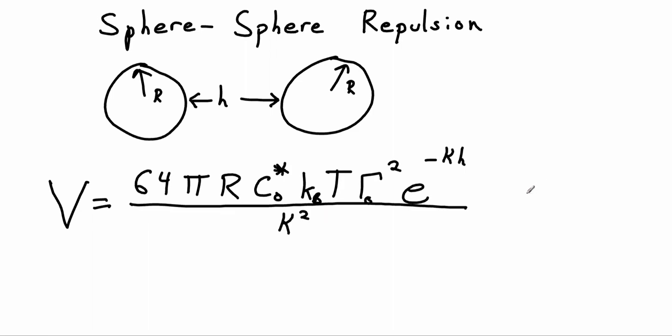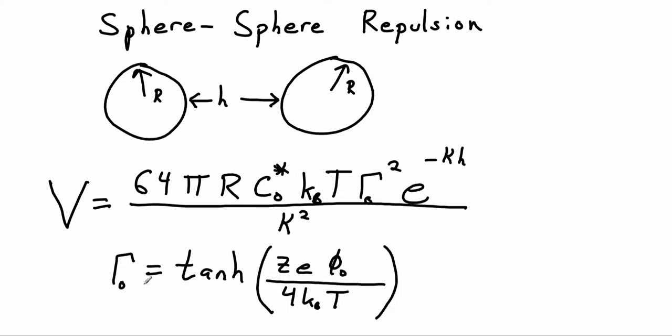In this equation, we've got 64 times pi times the radius of the particles. This is the number density, the number per meter cubed for the concentration of the electrolyte. We've got the thermal energy kT. Cap gamma naught is this hyperbolic tangent.